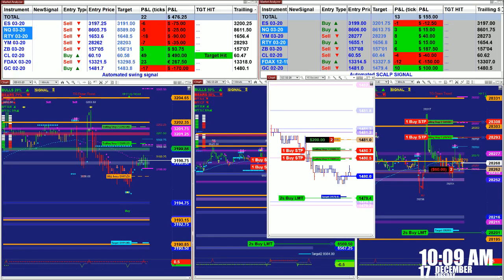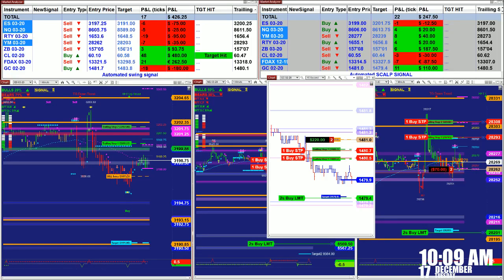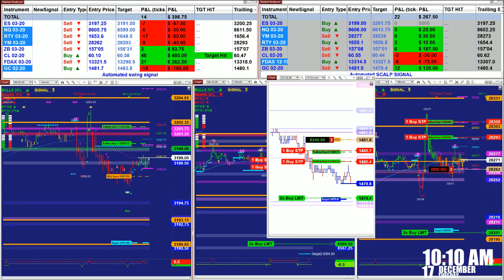That's why we are providing 3-4 different types of scalping, from reversal, pullback, re-entry, and signal entry, and then we have another set for swing trading.